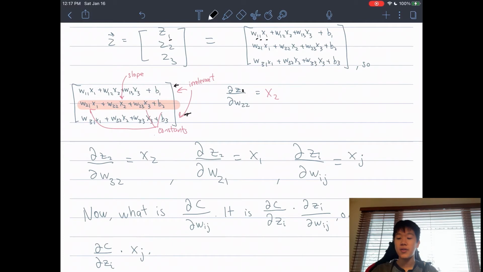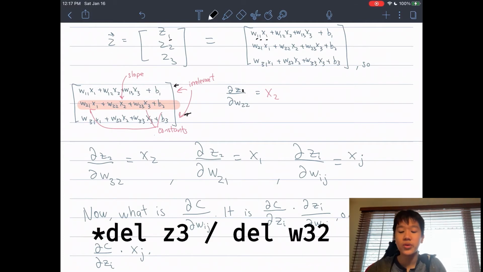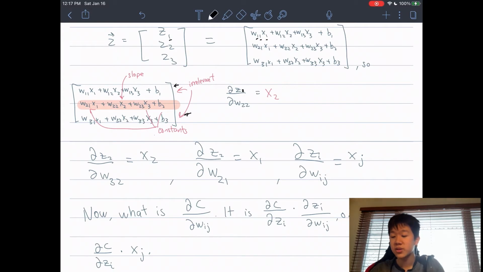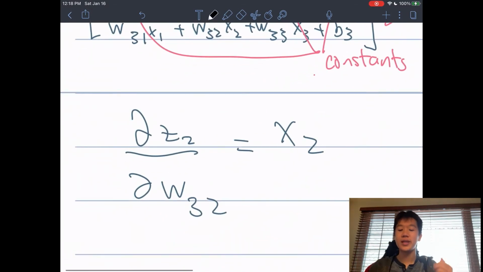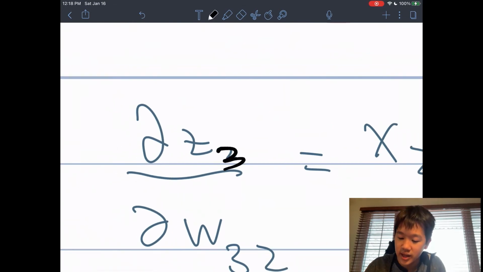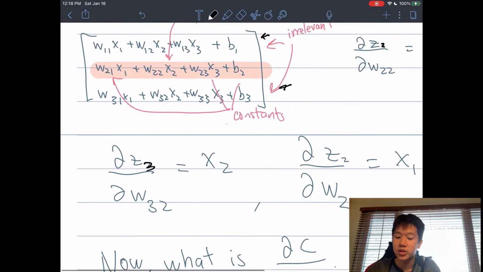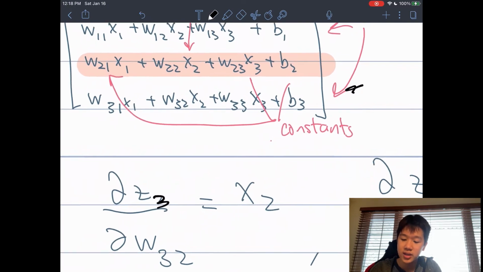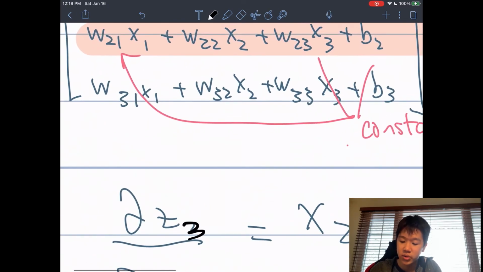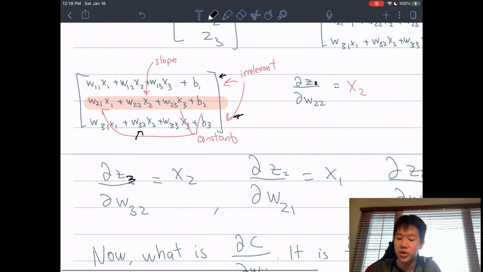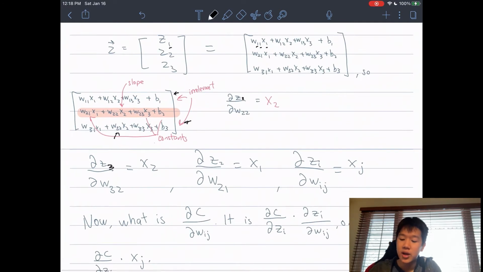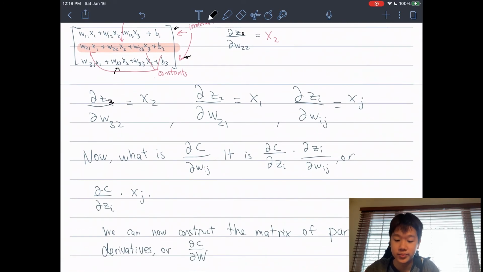Finally, we have that del z2 over del w32 is equal to x2, del z2 over del w21 is equal to x1. So this is going to actually be del z3 over del w32, because as we can see, w32 belongs to the third row, so in the third row, and this is going to be x2, and we can continue with that.